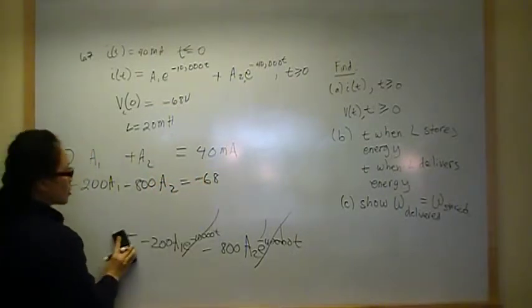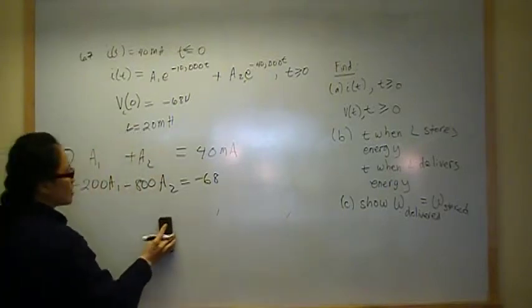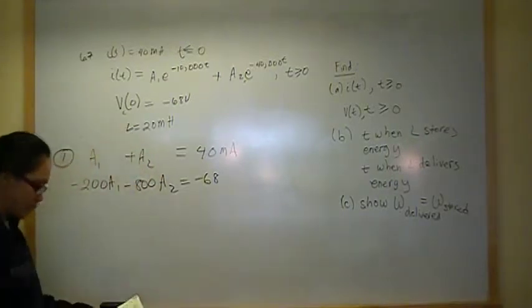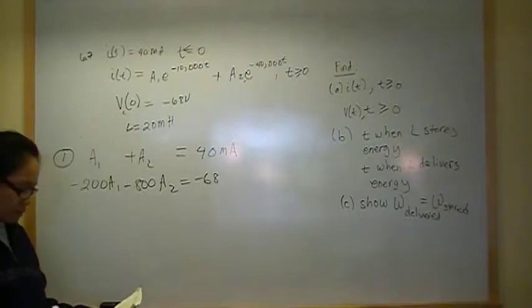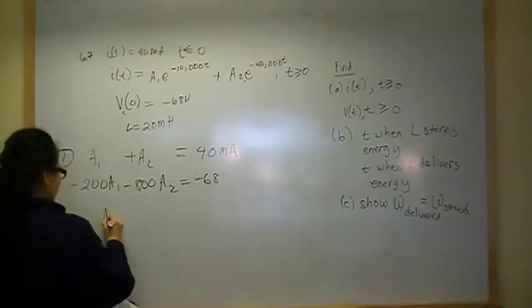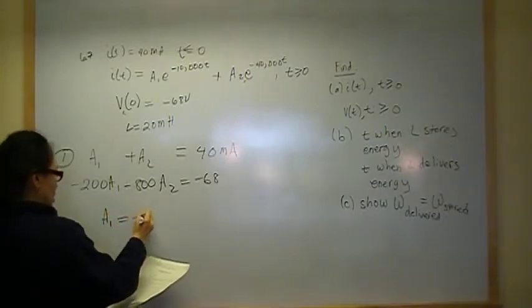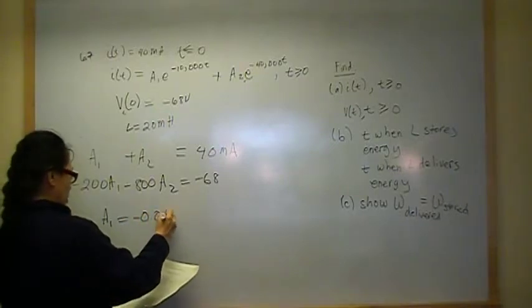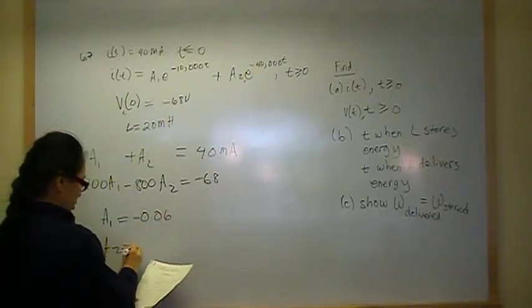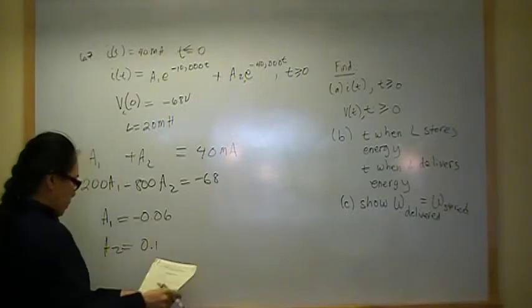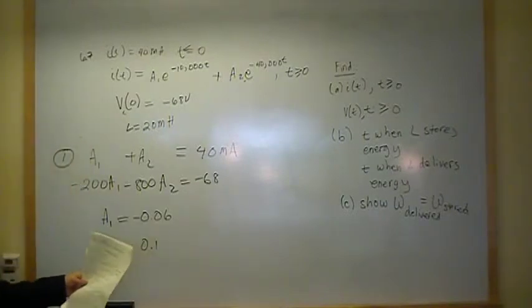Now you've got two equations and two unknowns. You can plug that into your calculator. And when you do that, you will come up with values of A1 is equal to negative 0.06 and A2 is equal to 0.1. Okay?